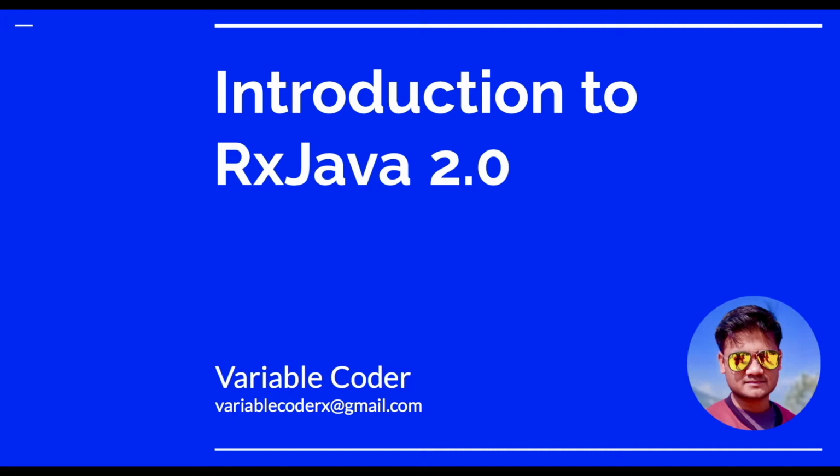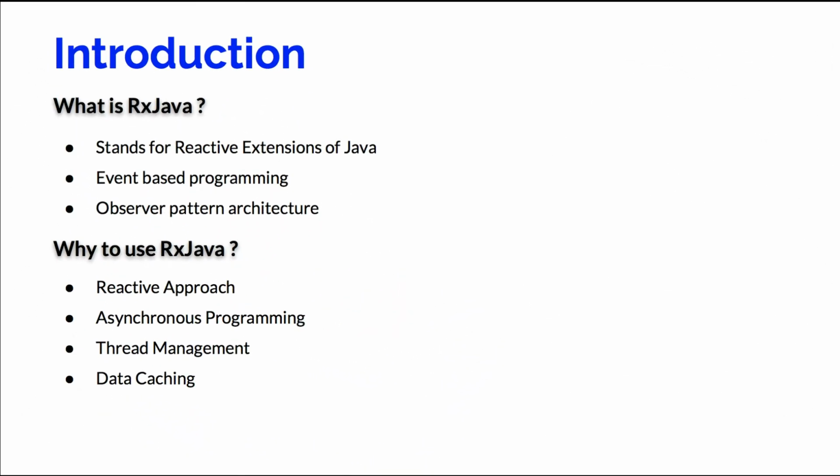In this video, I will be giving a brief introduction to RxJava 2.0 and also look at some of the terminologies which we will be using throughout this course. Now, what is RxJava? Rx stands for Reactive Extension. Reactive Extensions is a library for writing asynchronous and event-based programs.